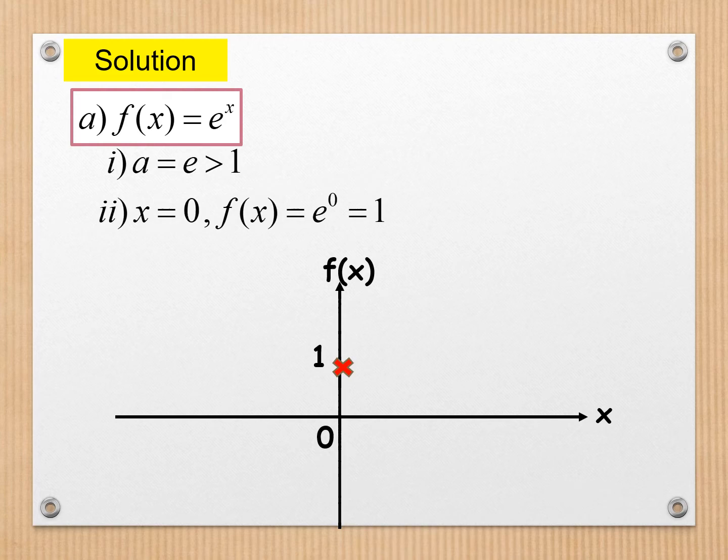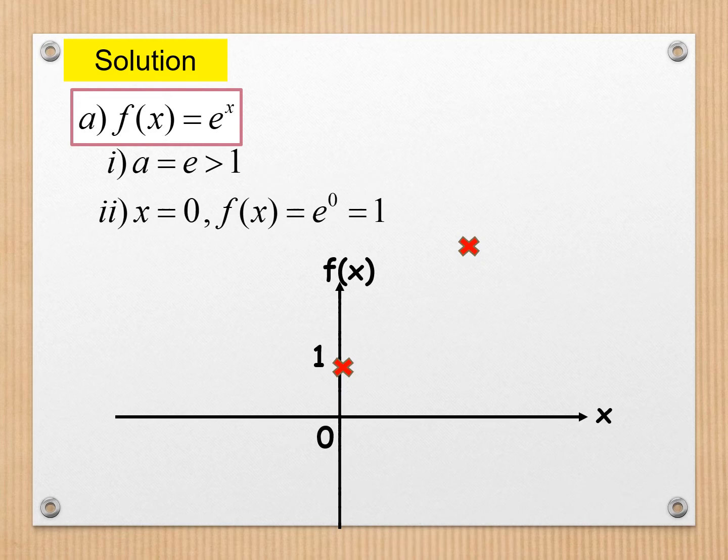Then when x approaches positive infinity, we get e to the power of positive infinity, which means f(x) is approaching positive infinity. Then we plot on the positive side of x, y is moving up to positive infinity, around here.